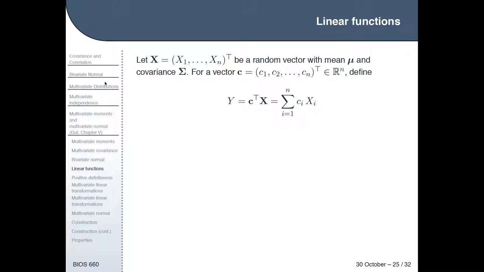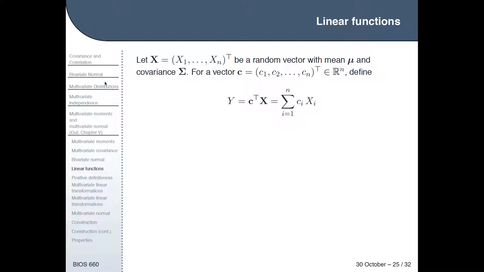Given some random vector with mean mu and covariance sigma, then for any fixed vector c1, c2 up to cn, you can define a random variable y to be a linear function of these x's.